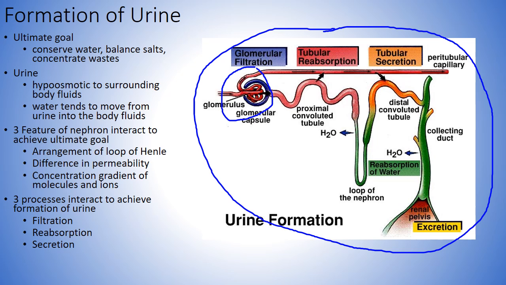Once filtration occurs, the nephron, or this structure here that's just part of the kidney, will go through a reabsorption process that occurs here in the proximal convoluted tubule, the loop of Henle, and the distal convoluted tubule.